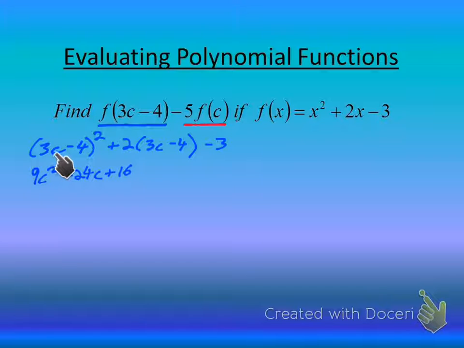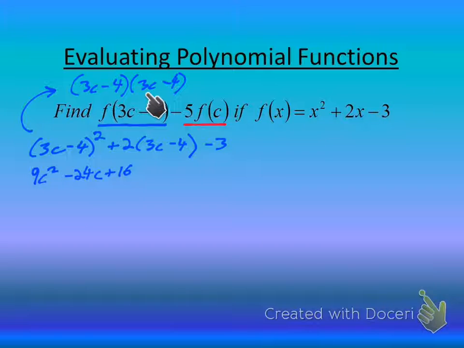Here's why. If you write this out, I'm going to do it up here. I can't do it right in front in the evaluation part, but I'll do it right here. 3c minus 4 times 3c minus 4. First, 3c times 3c, 9c squared. 3c times negative 4, negative 12c.